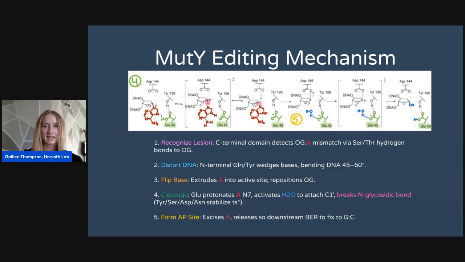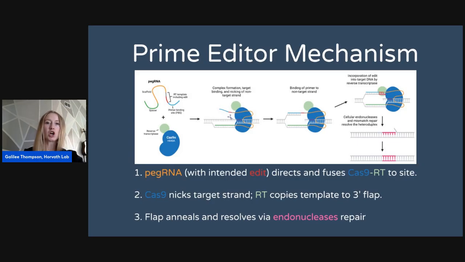So it takes that DNA sequence, it bends the DNA, and it extrudes that adenine into its active site. It removes that adenine, and then it sends that DNA sequence down downstream BER pathways to restore that original C and G. So let's talk about how other editors work now.